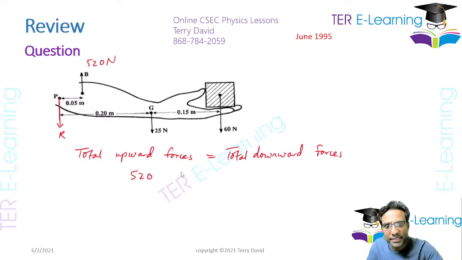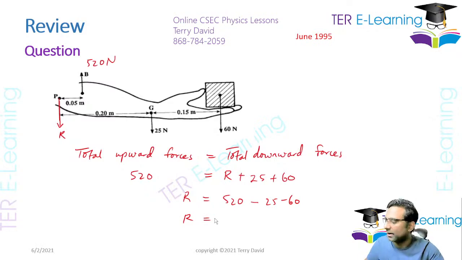So 520 is equal to my downward force, which is R, plus 25, plus 60. We're just going to rearrange this. So R is equal to 520 minus 25 minus 60, and therefore R is 435 newtons.